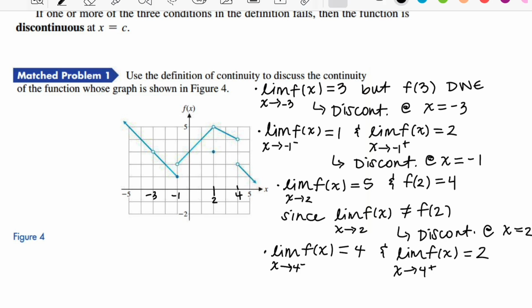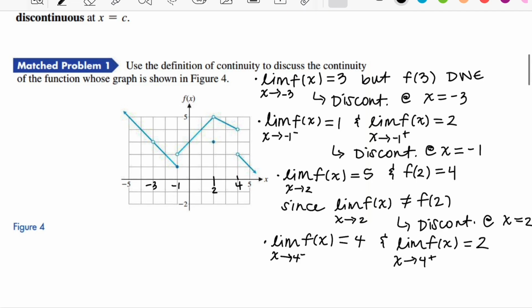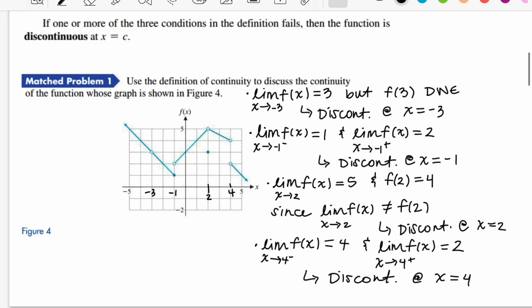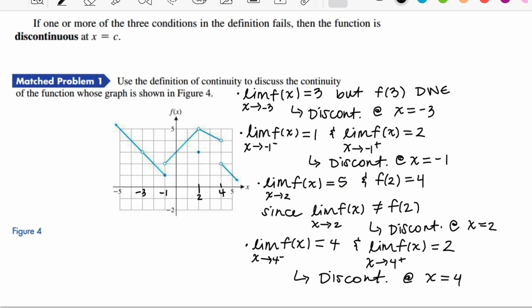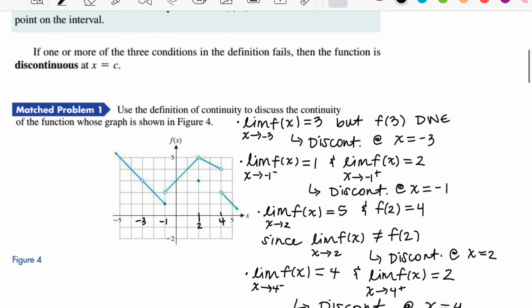So our limit does not exist because our one-sided limits are not equal. So we have a discontinuity at x equals 4. All right, so that is how we'd use the definition of continuity to look at a function whose graph is given here.